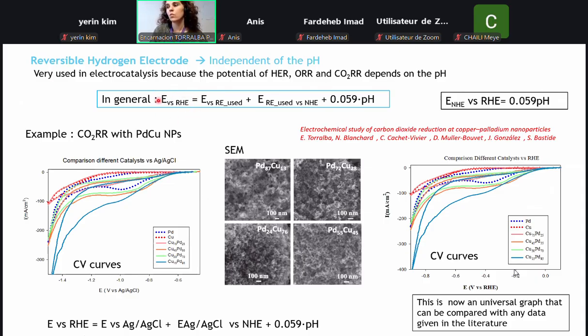Normally this is the one that we give in all the publications, and it is independent of the pH. If I present it with respect to AgCl, another person who wants to do the same experiment needs to know the pH. If I present it here, another person does not need to use the pH.